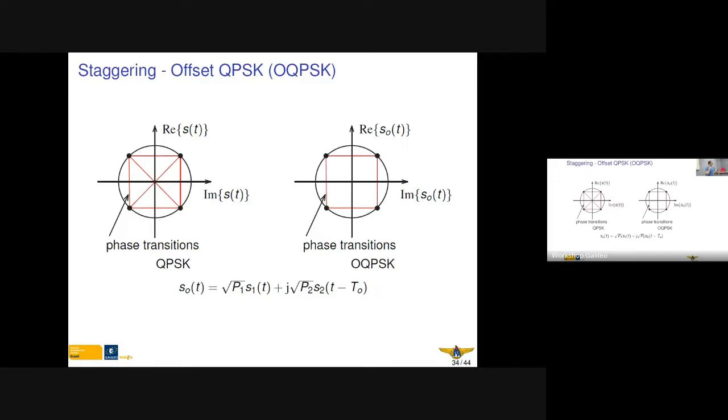If we don't use the same chip shape for both signals, or they are band limited and become non-binary, then we can also find an optimum staggering value, an optimum delay value to reduce these transitions in the center. And if we reduce the transitions in the center, we automatically reduce our peak to average power ratio also.